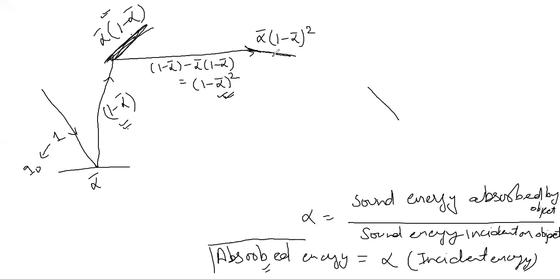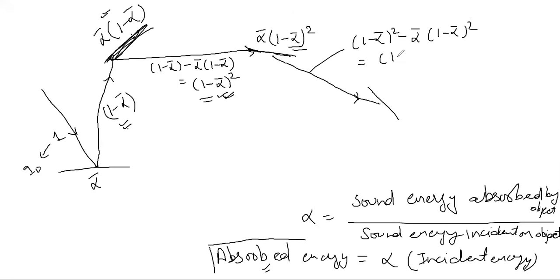Whatever would be remaining, that would be reflected further. For this surface, incident energy minus absorbed energy gives the reflected energy. You can take 1 minus alpha bar whole square common out. There will be 1 minus alpha bar, which will effectively be equal to 1 minus alpha bar whole cube here.